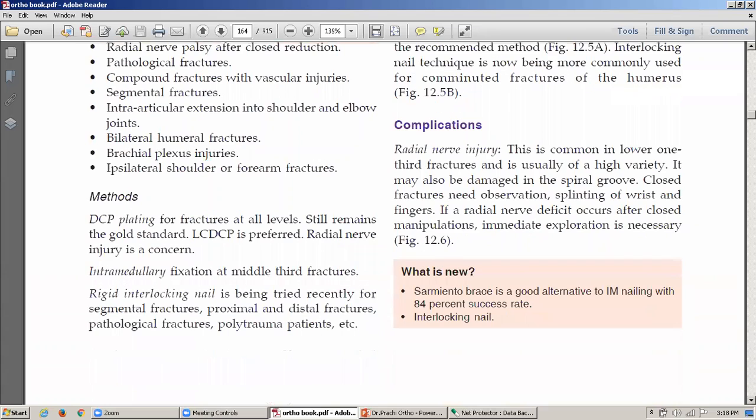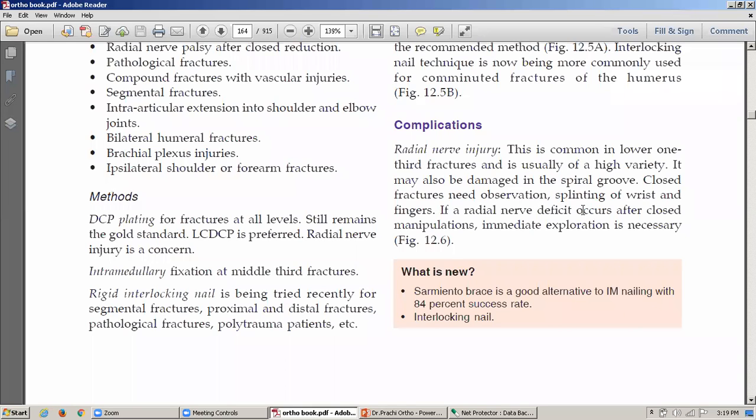So complications here, radial nerve injury is the most common in the lower one-third fracture. It is usually of a high variety. It may also be damaged in the spiral groove, and closed fractures need observation and splinting of the wrist and the fingers.